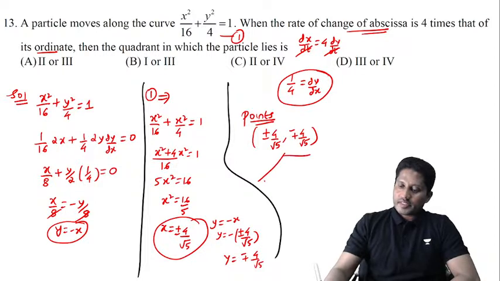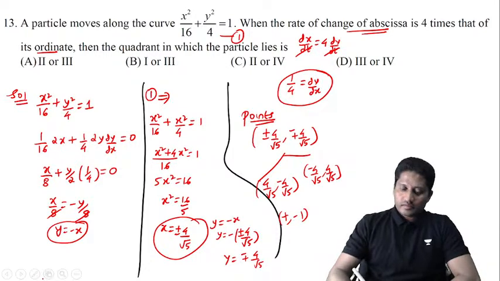Right, so two cases will be there. You will get 4 by root 5, minus 4 by root 5, and another case will be minus 4 by root 5 and plus 4 by root 5. This will be plus minus and minus plus.